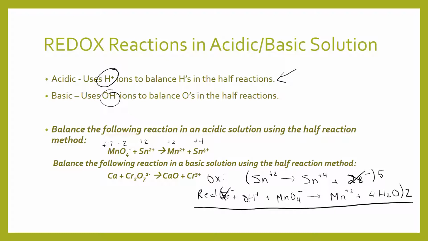My overall balanced equation then is 5 Sn2+ plus 16 H+ plus 2 MnO4- produces 5 Sn4+ plus 2 Mn2+ plus 8 waters. And now I have a balanced chemical reaction.